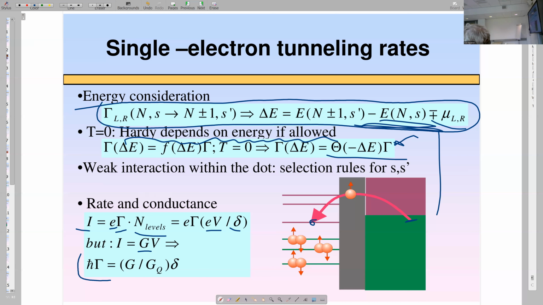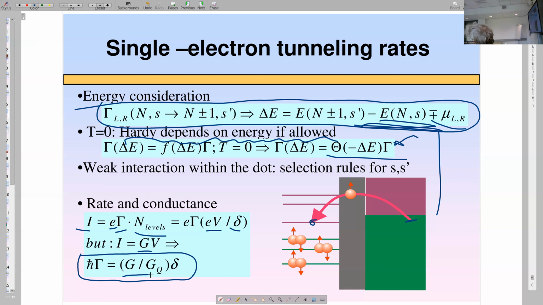From what I derived, I see that the tunneling rate is quantization energy times a factor, which is a conductance in dimensionless units. That actually proves what I told you in the beginning of this lecture.